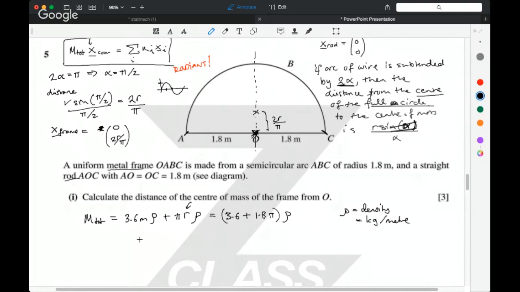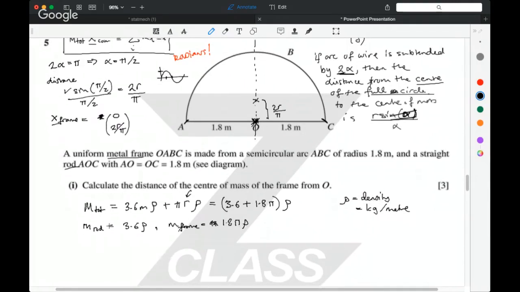Individually, the mass of the rod is 3.6 rho, and the mass of the frame is 1.8 pi rho.